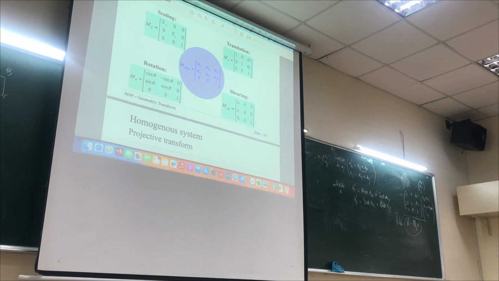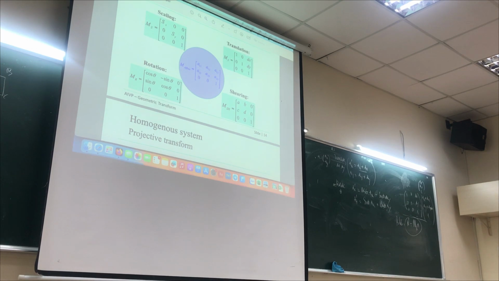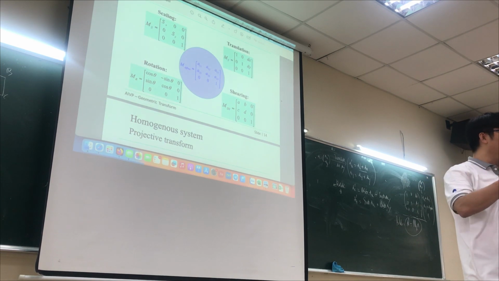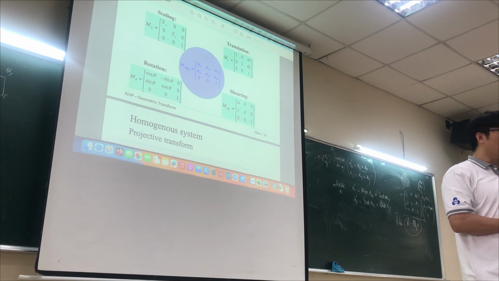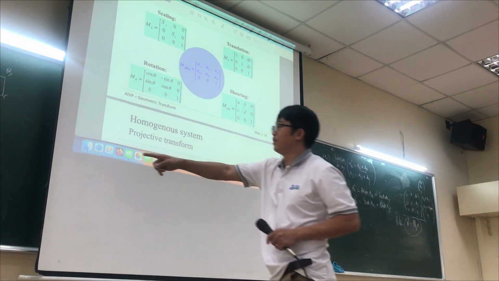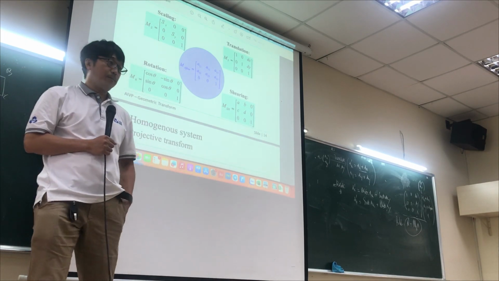We introduce that because we unite all kinds of geometric transformations into a linear transformation. That is the idea of designing the system. You have to design it like that, to unite them.